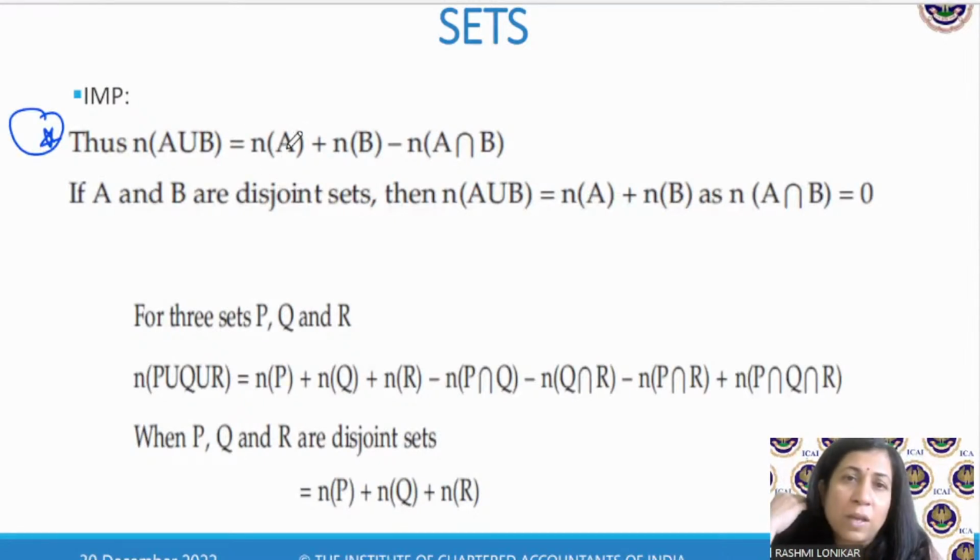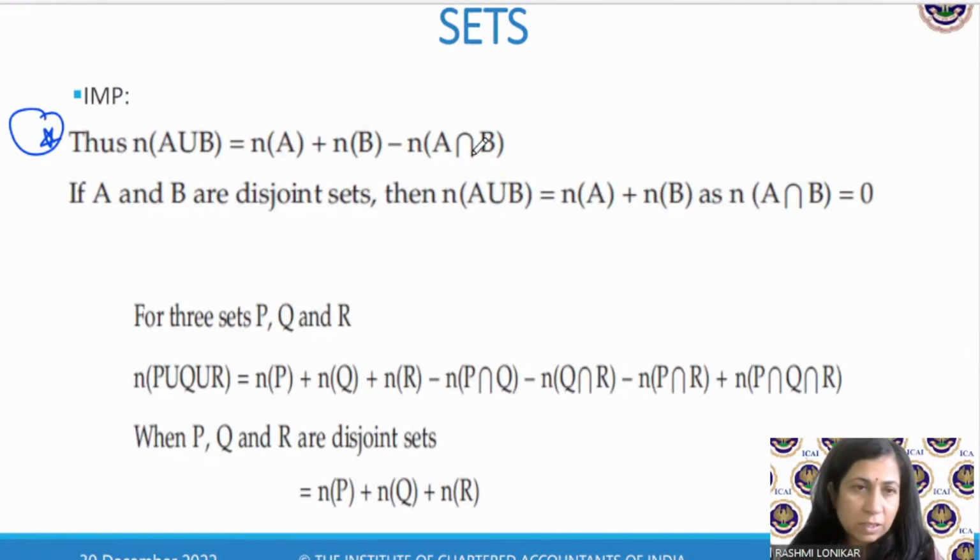That is equal to n of A plus n of B minus n of A intersection B. Means what? If I want to find out how many elements are there in the union, I have to take all the elements of A and add all the elements of B, and then remove the common elements. So that will give me the total number of elements that are present in A union B.